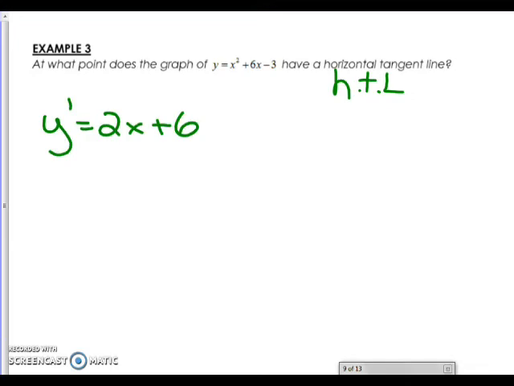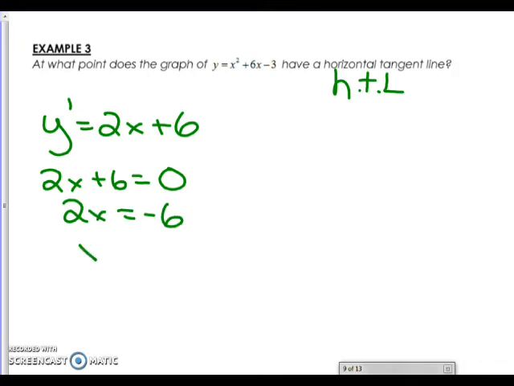That's the easy part. Because it says horizontal tangent line, what do I know about a horizontal line? The slope is 0. Well, I know slope is code for derivative. So that's why I'm going to take my derivative and set it equal to 0. And there's a nice problem for you to solve, right? You wish that your life was this easy. So you get negative 6 over 2, so that's a negative 3.